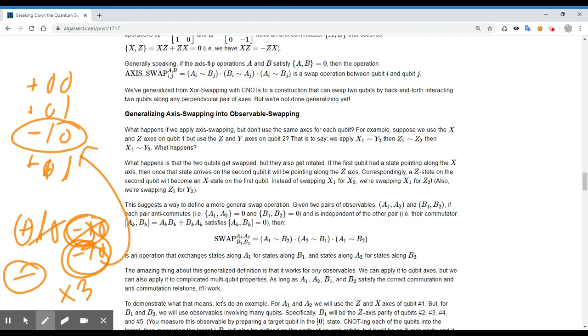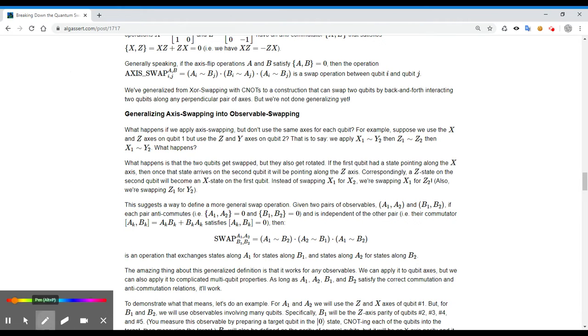So let's see. Maybe the swap has some kind of meaning, because at the end of the day, when you have a swap, right?